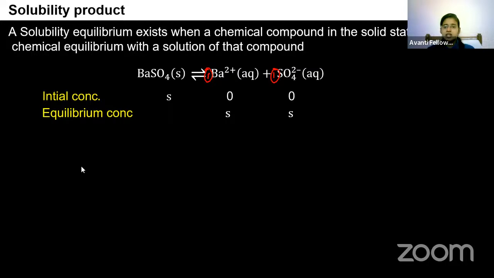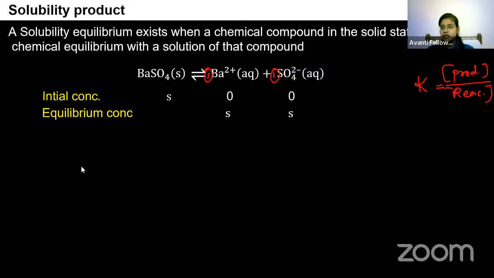All right. Now, if you want to write the equilibrium constant for this reaction, how will you write? We already studied the equilibrium constant, denoted by the letter K, and it is equal to the product concentration divided by the reactants concentration.